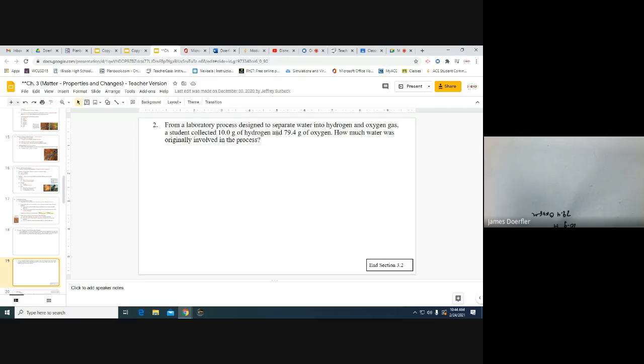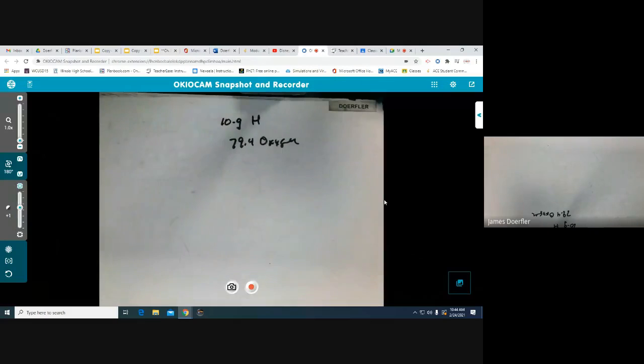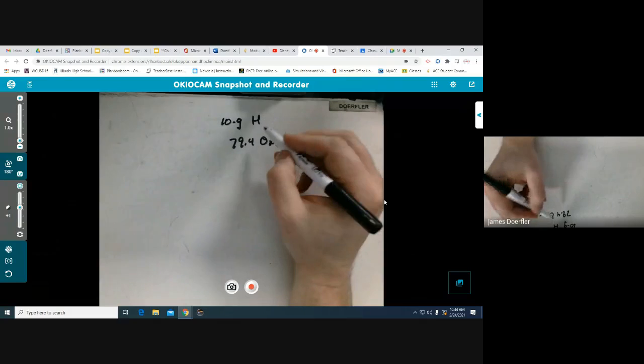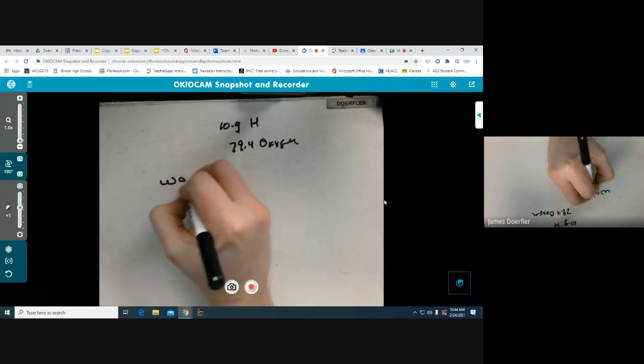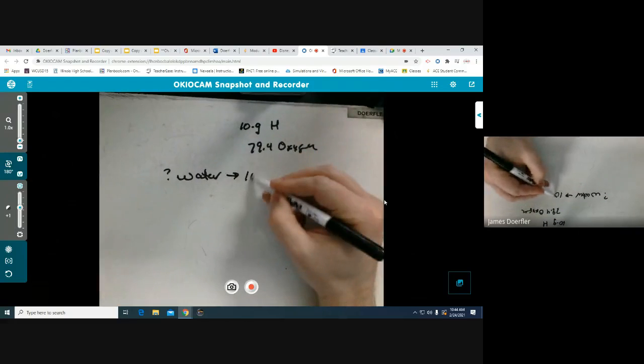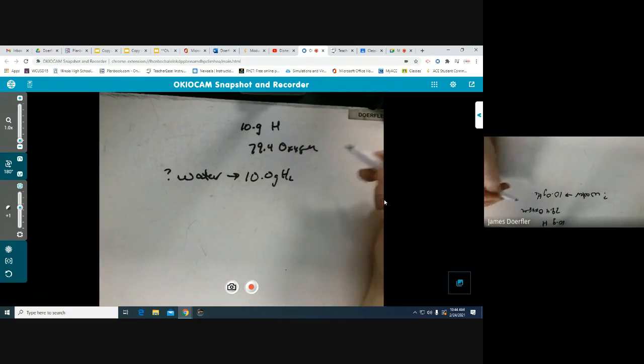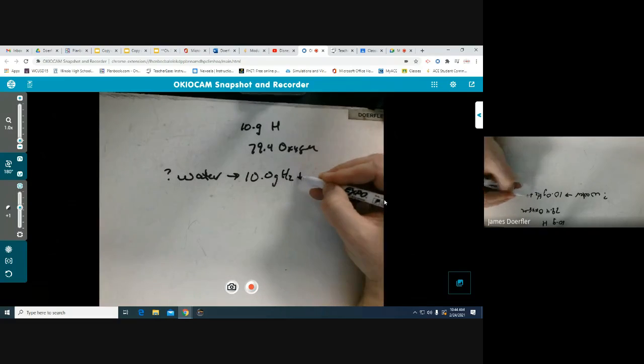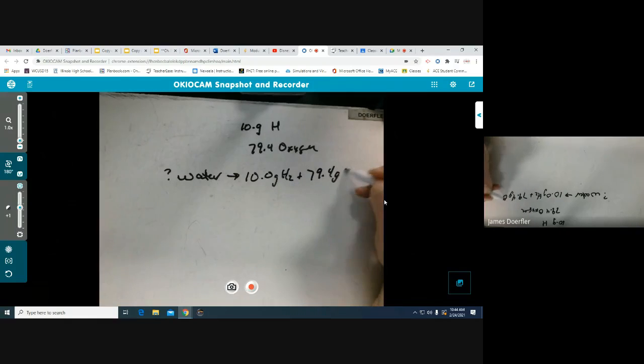So I'm just going to write these numbers down. Okay, 79.4 oxygen. Okay. So our products in this case are the hydrogen and oxygen. So we started off with unknown amounts of water, and it yielded 10.0 grams of hydrogen, that's H2, plus 79.4 grams of oxygen, O2.